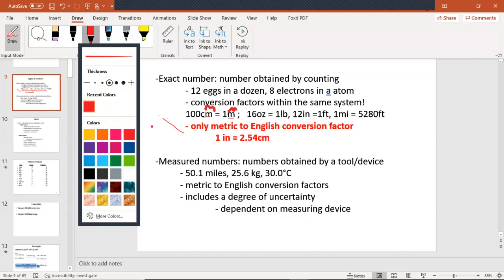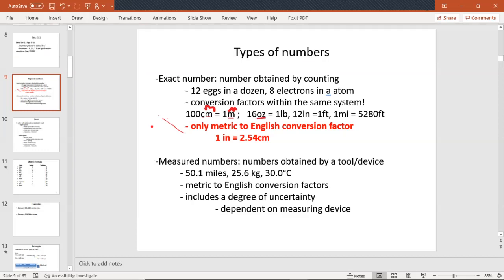Now, when we talk about ounces to pounds, ounces is the standard unit, and pounds is the standard or English unit. So since we're going to the same type of measurement system, this is an exact conversion. So there's exactly 16 ounces in a pound.